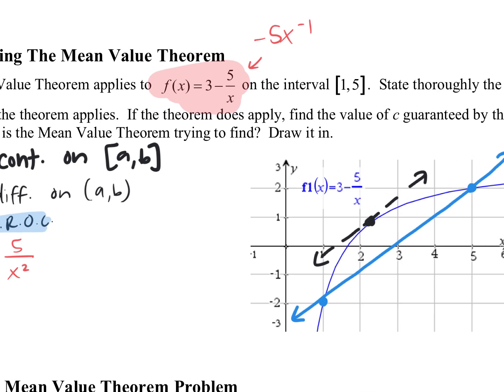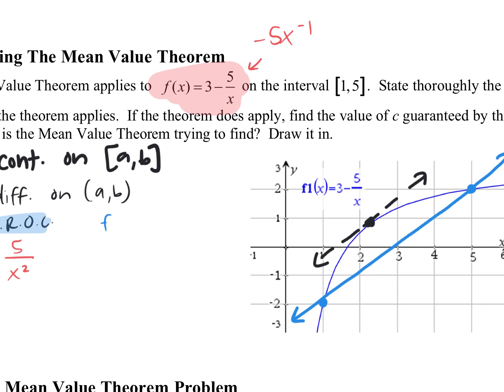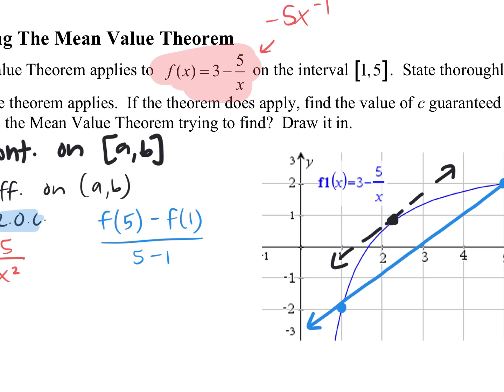So in this case, we're looking at f of 5 minus f of 1, all divided by 5 minus 1. That's what we need to evaluate. So I'm plugging in 5 and 1 into my original function there. So I've got 3 minus 5 over 5 minus 3 minus 5 over 1, all divided by 4.